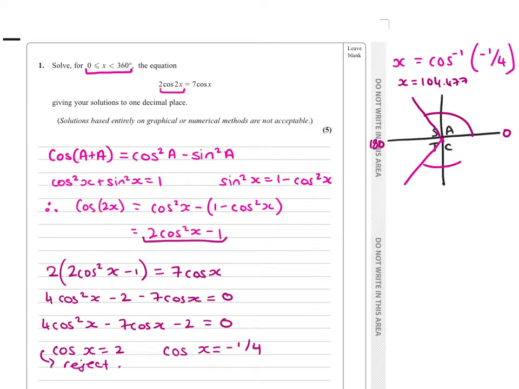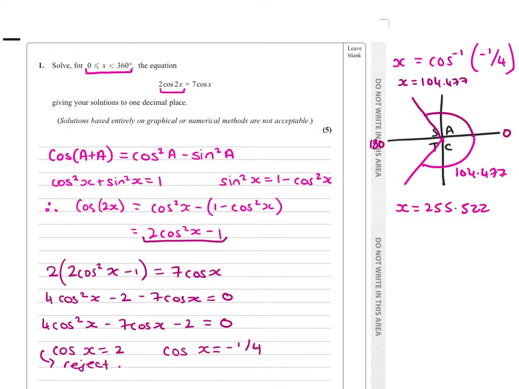And this angle doesn't change. This is still 104.477. So if we start at 0 and go all the way around to this angle, I need to do 360 minus 104.477. So in my calculator, I'm going to do 360 minus answer. So then I also get x equals 255.522, and so on.